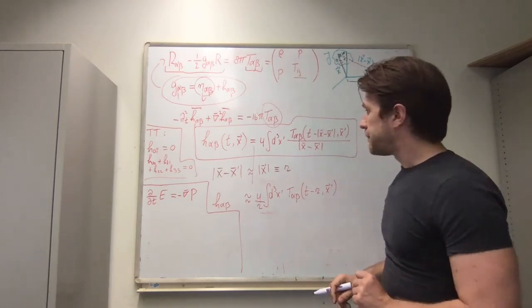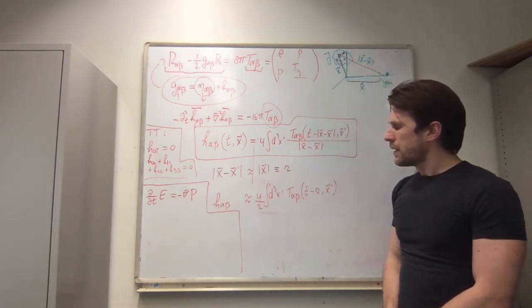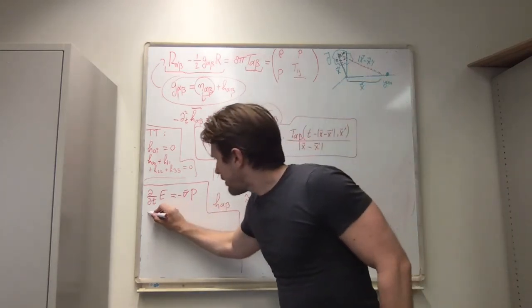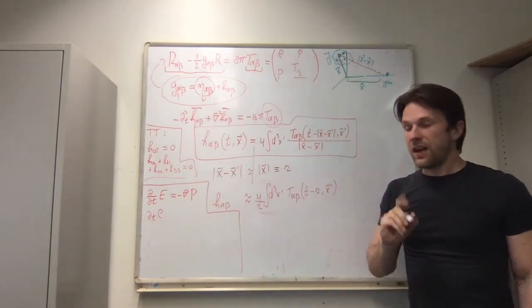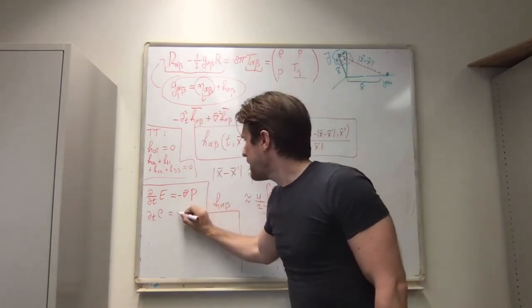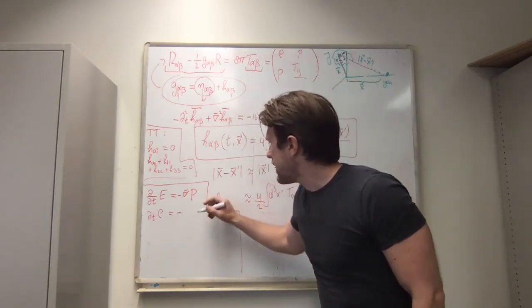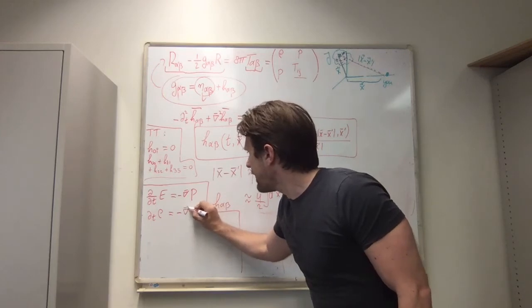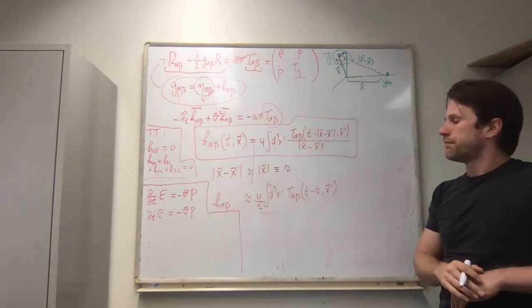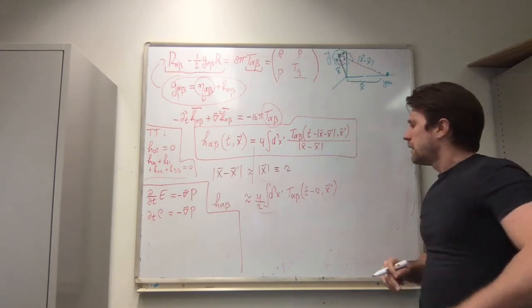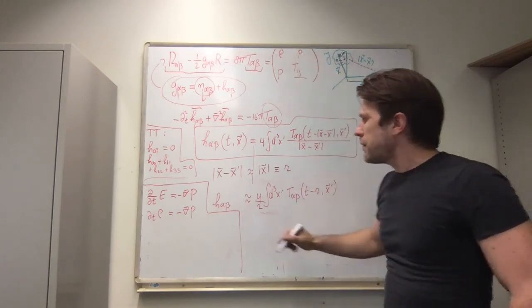Now, going back to our conservation of energy and momentum, it just says that the amount of change of energy density in time should be minus the amount of spatial change of the momentum density. So that's this thing. That's all very nice. Let's put it into terms of the energy momentum tensor.